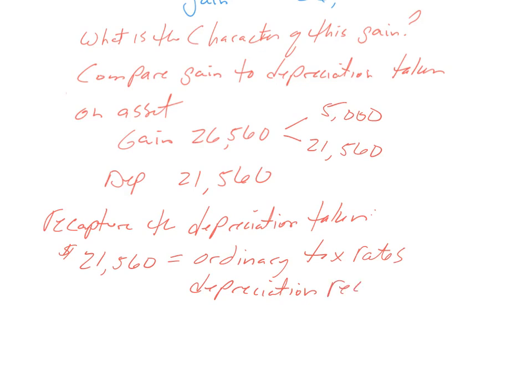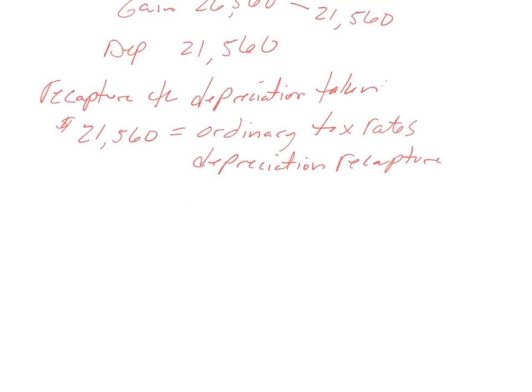This is depreciation recapture. That other $5,000 is gain that we had because the asset actually appreciated in value. That is not gain that we're experiencing because we were able to depreciate that asset over its life.